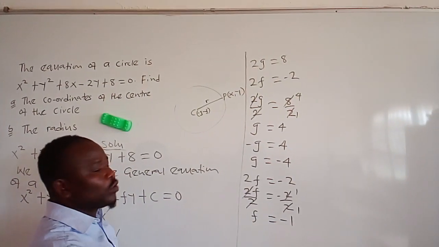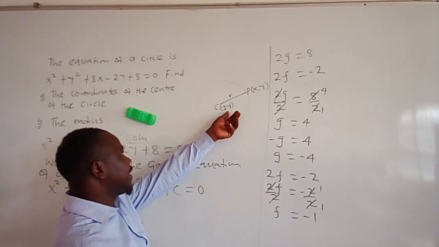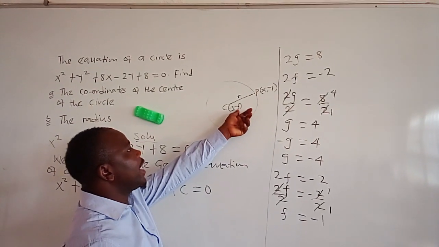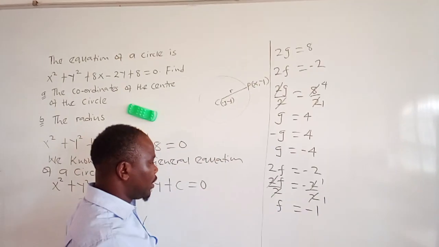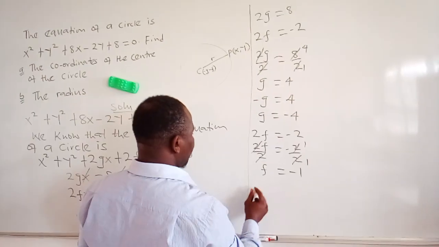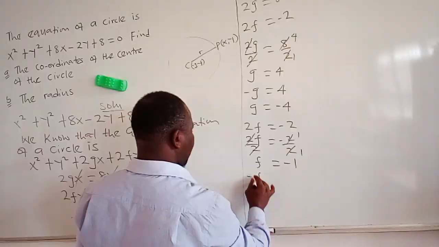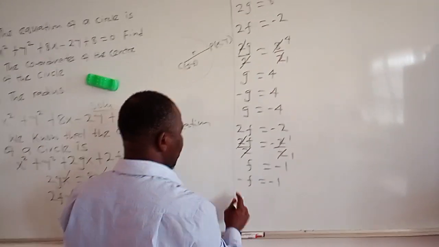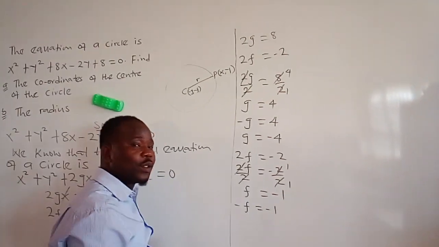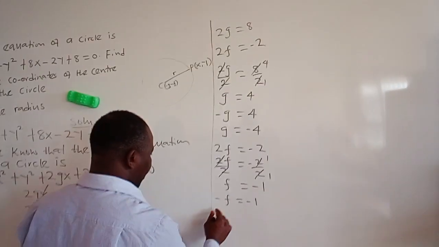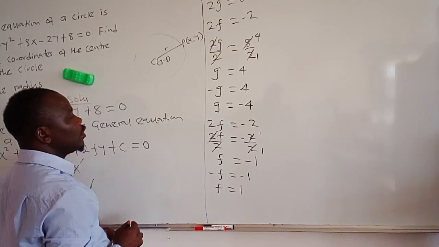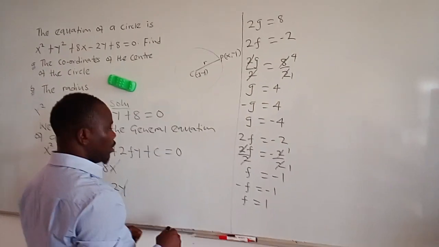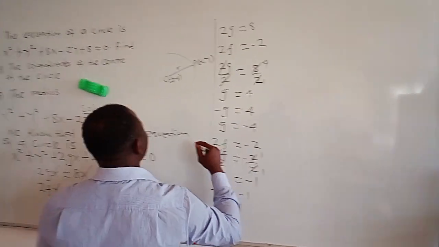But go back to the center where you know that your f is negative. So you now write minus f equals minus 1. You multiply through by the minus. You are going to have your f equals plus 1. Is that clear?